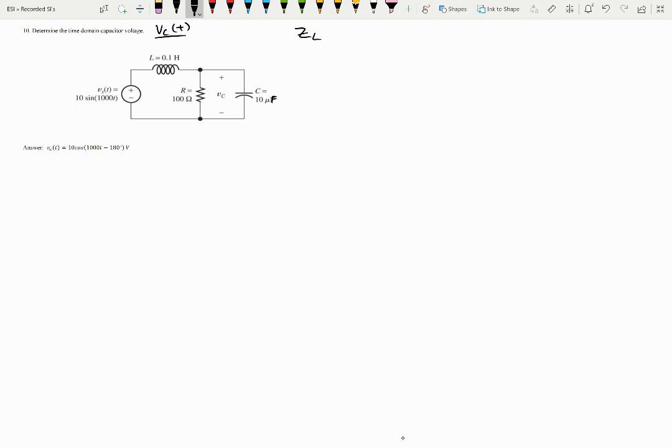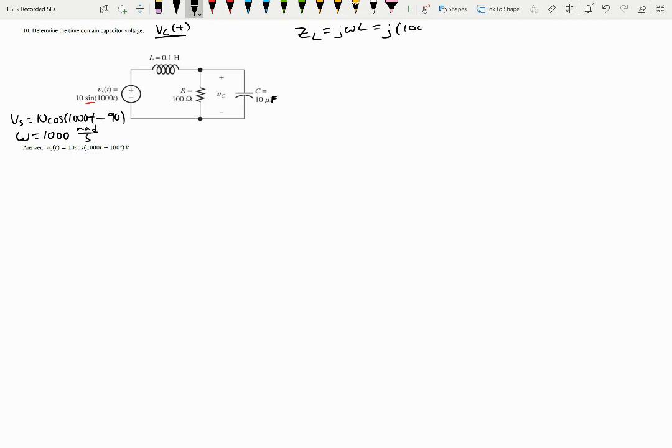We need to first convert everything into the impedance forms. So let's do that. Z of L is going to be j omega L. Let's look at our V of s. Red flag, there's a sign right there, so that needs to be changed. Our V of s is actually 10 cosine 1000 t minus 90 degrees, where our omega is 1000 radians per second.